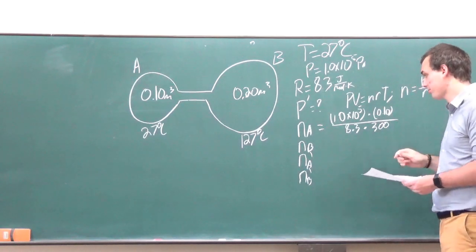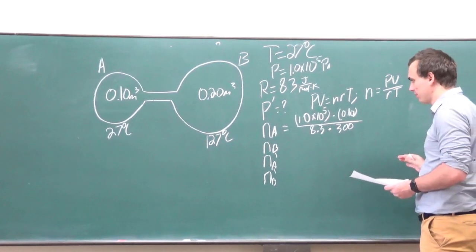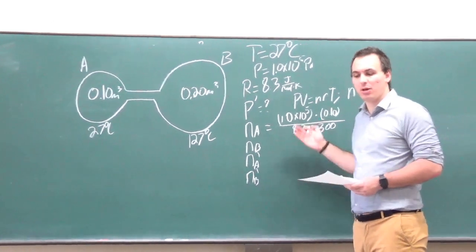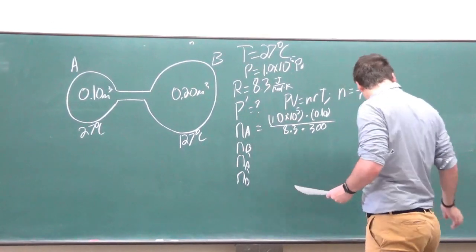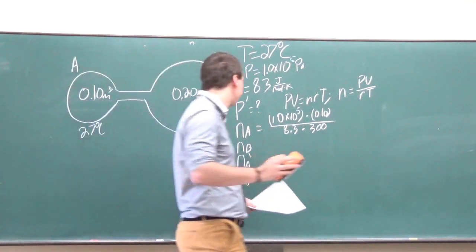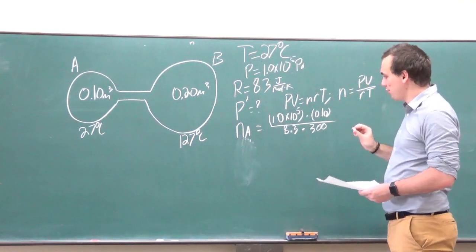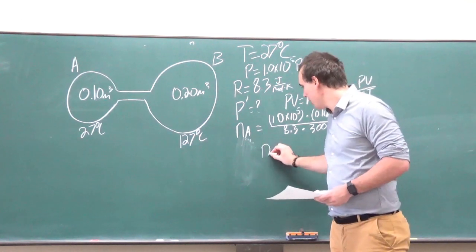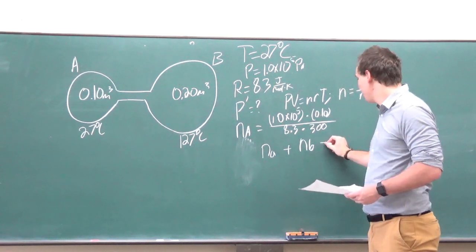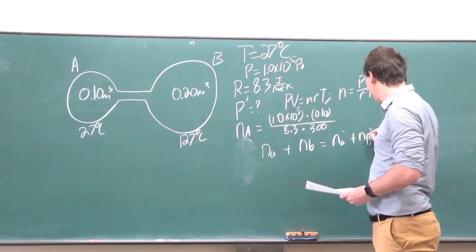Now, I'm going to help set this up because NB, NA prime, and NB prime follow a similar pattern. So I'm actually going to rewrite this to make it easier. What I want to do is do NA plus NB equals NA prime plus NB prime.